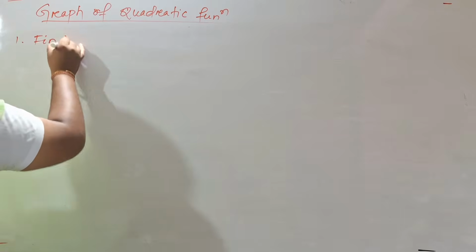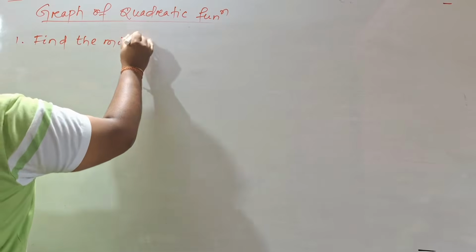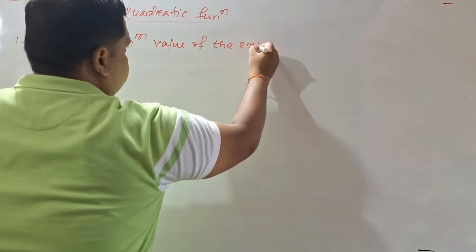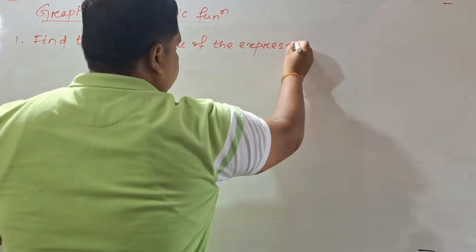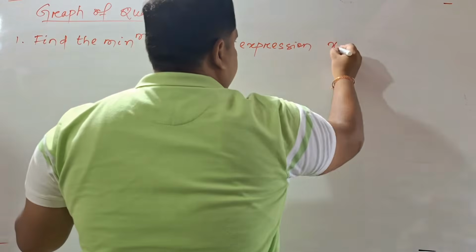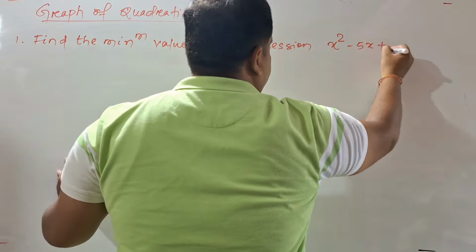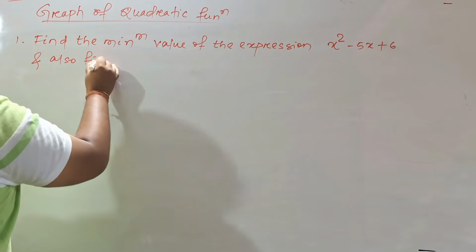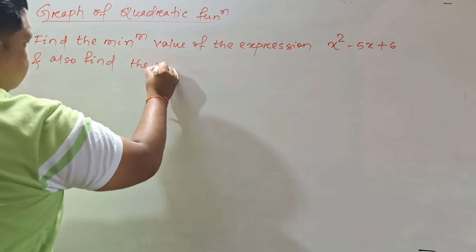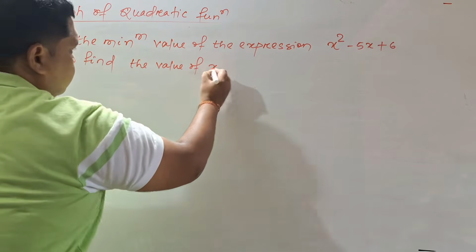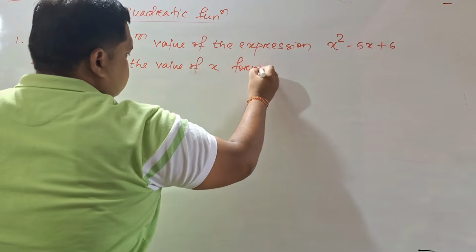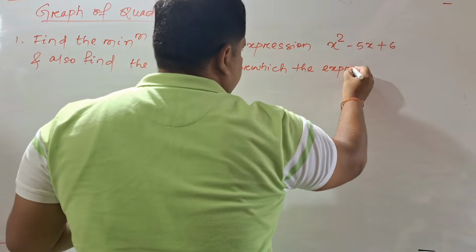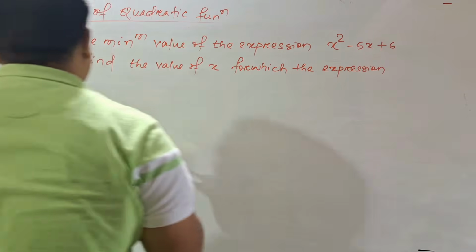Find the minimum value of the expression x square minus 5x plus 6, and also find the value of x for which the expression attains minimum value.